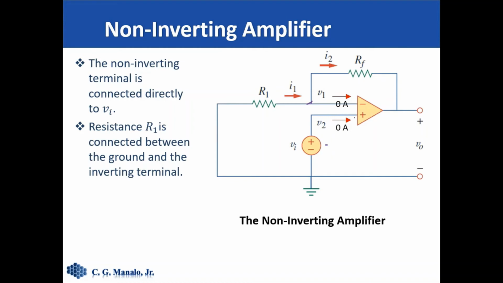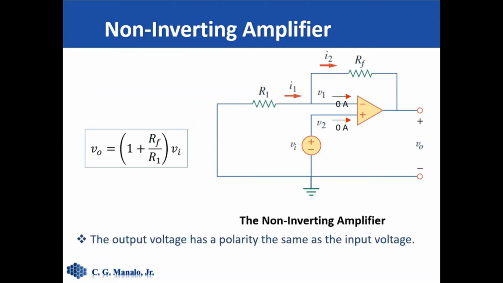So that means that this terminal here, V sub 1, must also be equal to V sub I. The inverting terminal is tied to the ground through the resistance R sub 1. So computing for the output voltage, that would give us this answer.